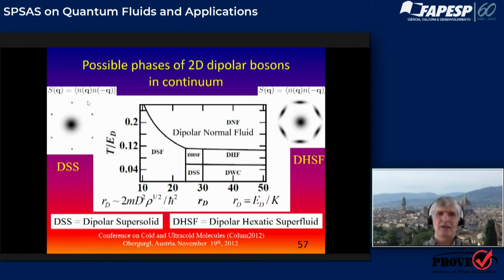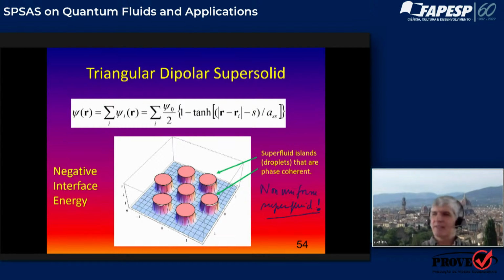You can have an order parameter which is not uniform, but if these islands were phase incoherent, with no phase coherence between them, then it would not be a superfluid. Just by looking at the density, you would not know, right?